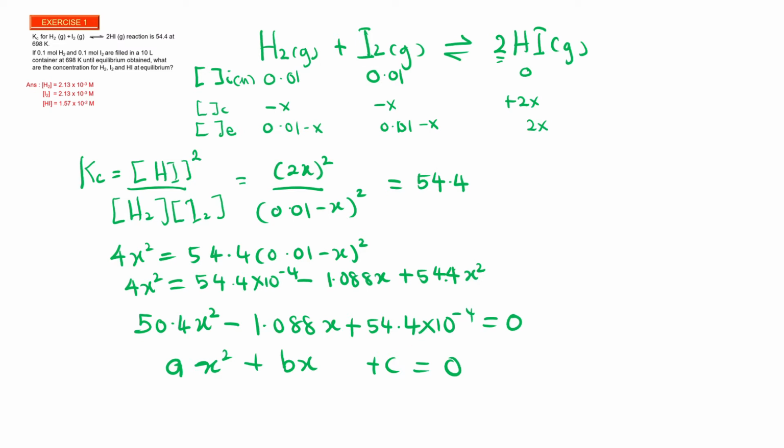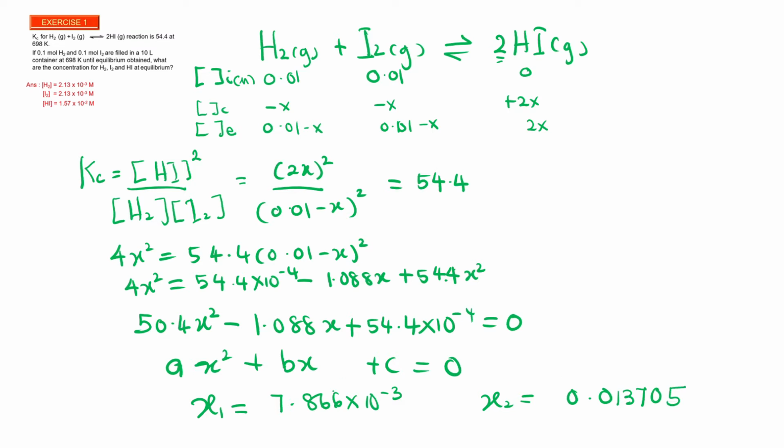If you are using the normal calculator, the fx-570ES Plus, you just press MODE, then 5 for equation, then 3 for ax squared plus bx plus c. Solve the expression and you will get x1 equal to 7.866 times 10 to the power of negative 3, and x2 equal to 0.013705.